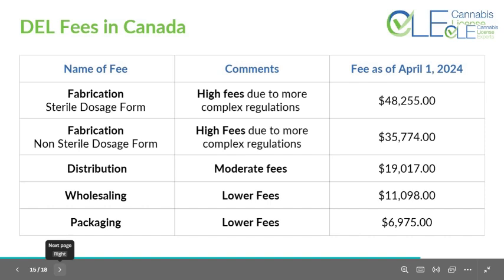Distribution is going to be a slightly higher fee, coming in just under $20,000. And then your fabrication, which is your manufacturing of either sterile product or non-sterile dosage forms, those are the highest fees, and that's due to the complexity of the regulations around the actual manufacture of the product as well as your operations.